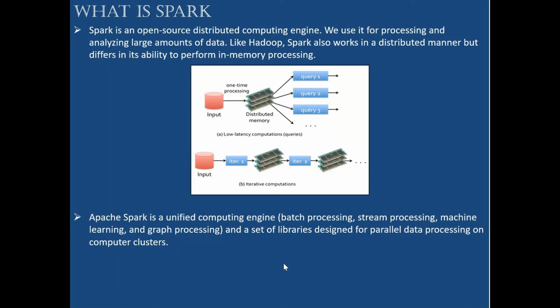I'm repeating the point: Spark is not a storage. It reads data from some storage or database, does some transformation, and finally writes the data again to some storage or database. But Spark is not going to store any data because it's not a storage. Clear? Are we good till here, team?